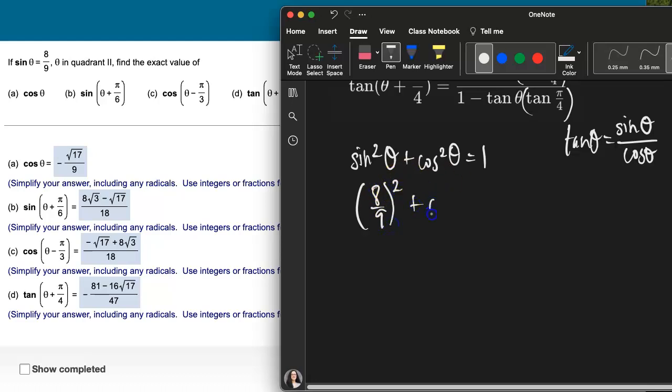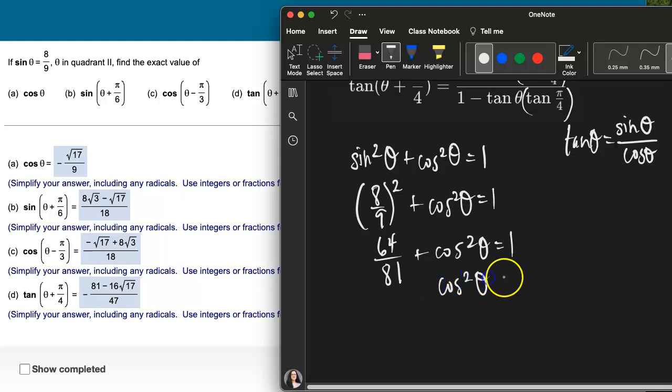We're going to have to square that. And then we could use this equation to find cosine of theta. So let's work through that process. Subtract 64 over 81. And then take the square root of both sides.